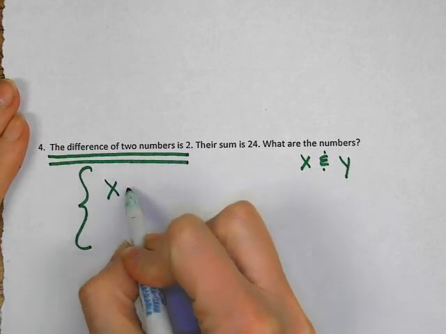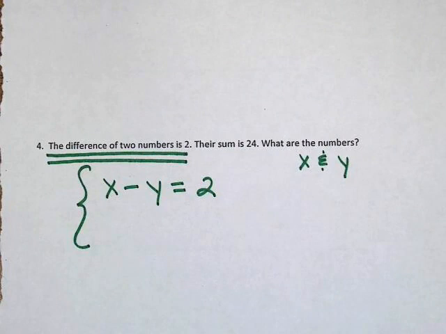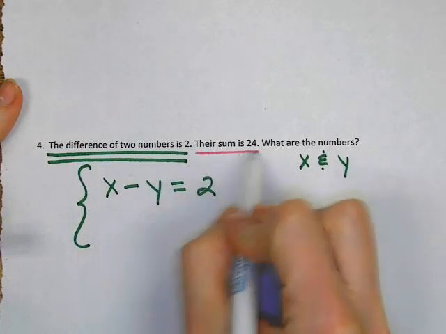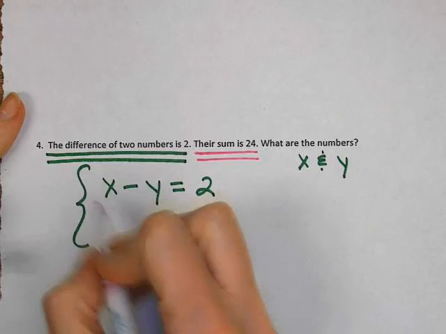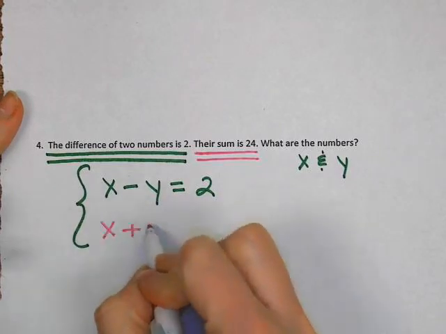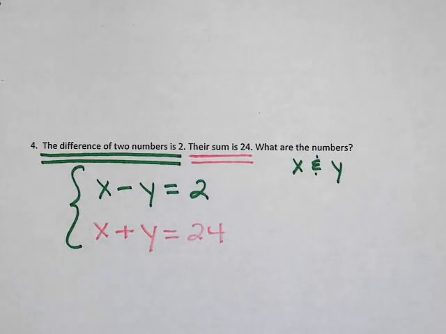So the first one would be x minus y equals 2. Isn't that easy? Difference means subtract. And then the second equation says the word sum. The sum of the 2 numbers is 24. So to write that equation, it's going to be x plus y equals 24. And then very easy to do elimination to solve this one.